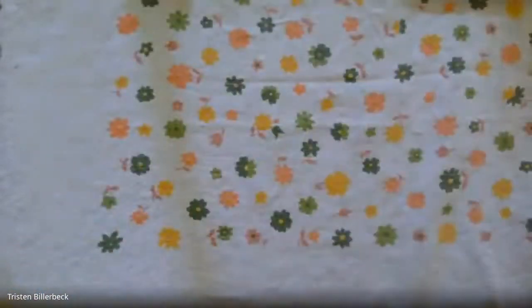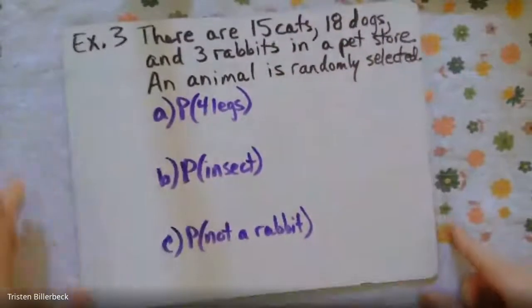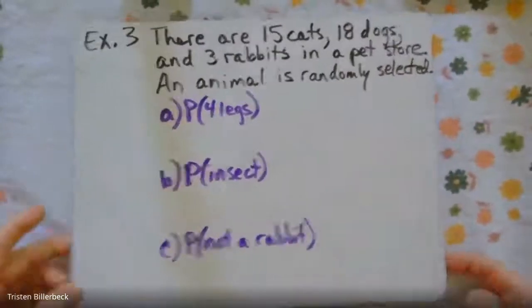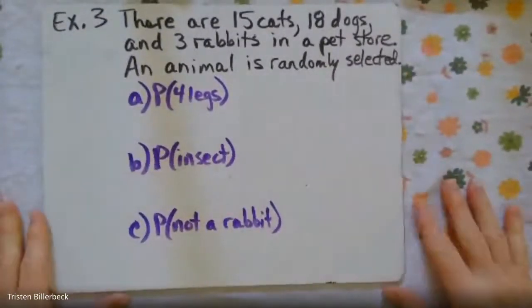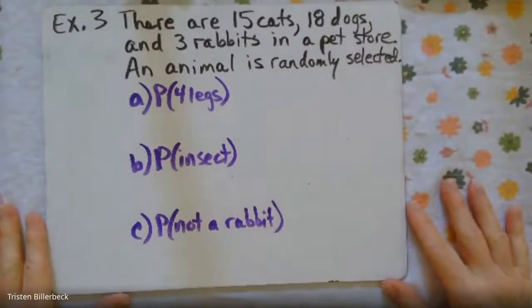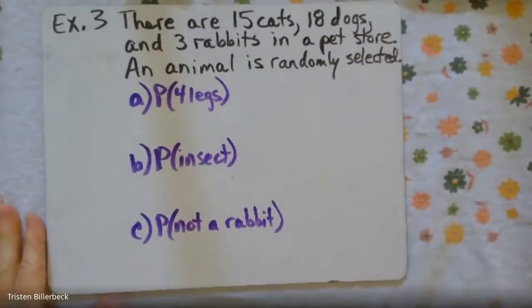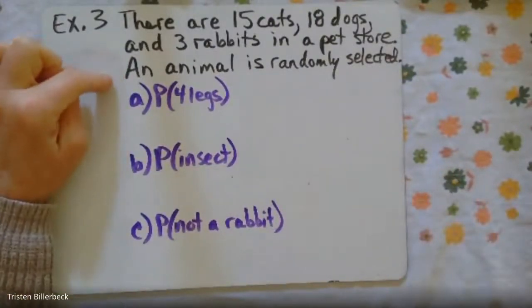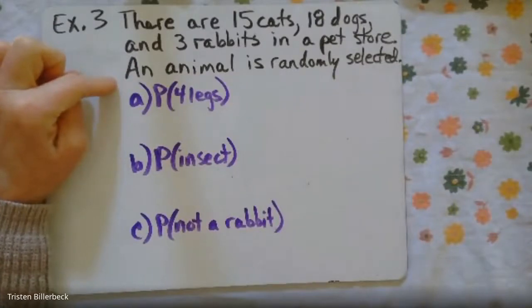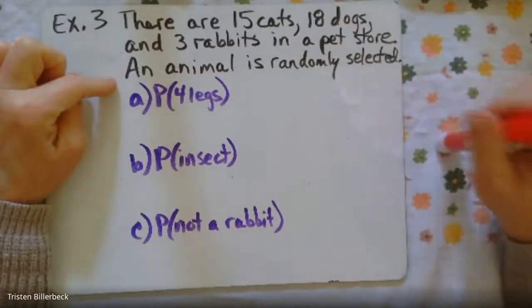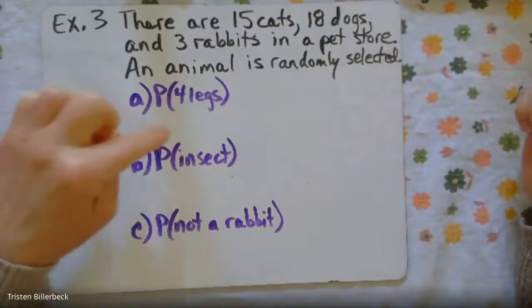Okay, let's look at another example. All right, there are 15 cats, 18 dogs, and 3 rabbits in a pet store. An animal is randomly selected.